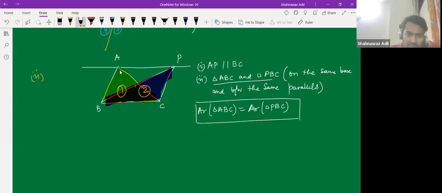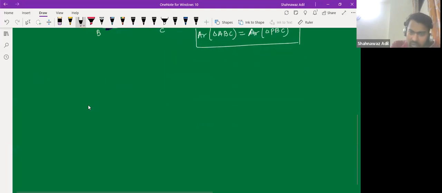Whenever you have two triangles on the same base and between the same parallels, their areas would be equal. These are the two preliminary ideas that we will use in this chapter. Are these points clear to you? Yes.